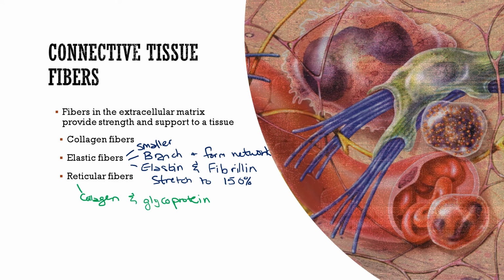Now, just like collagen fibers, the reticular fibers provide strength and support and are plentiful in reticular connective tissue, and this forms the stroma of many soft organs. Stroma is the supporting framework.